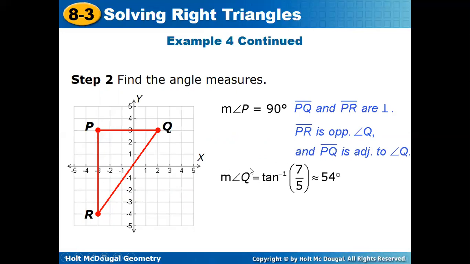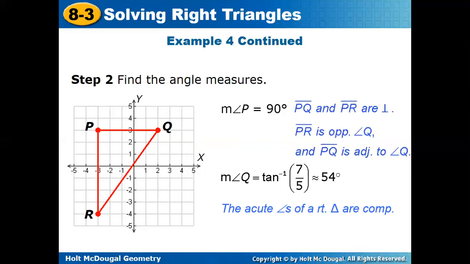Because we want to find the measure of the angle and I know the lengths of the sides, I'm going to use the inverse function of tangent, tan^-1 of the opposite side 7 over the adjacent side 5, which is approximately 54 degrees.